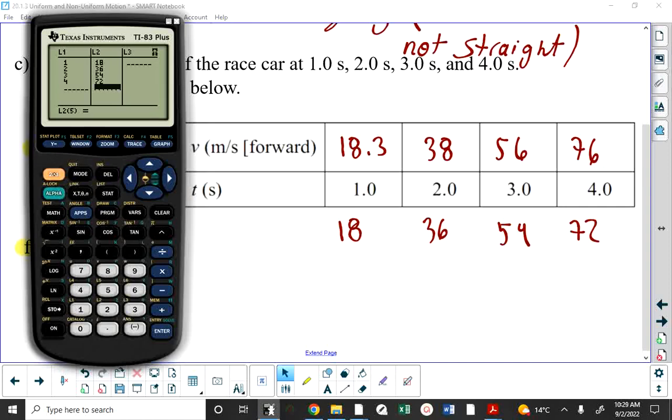I have to turn the stat plot on, and I have to adjust my window settings to see that data. My time goes from 0 to basically 5. My speeds, these are speeds now, not distances, goes from 0 basically to, I'm going to go 85.